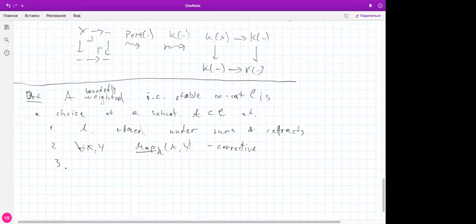And the third condition is A generates C as a stable infinity category. Well, it generates C under colimits and desuspension.